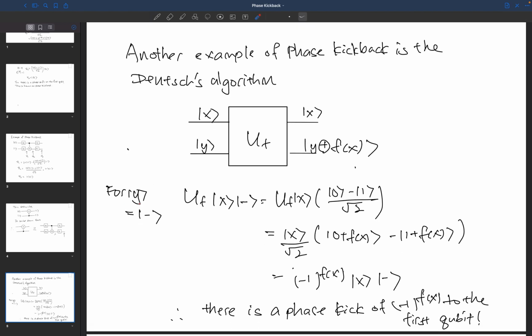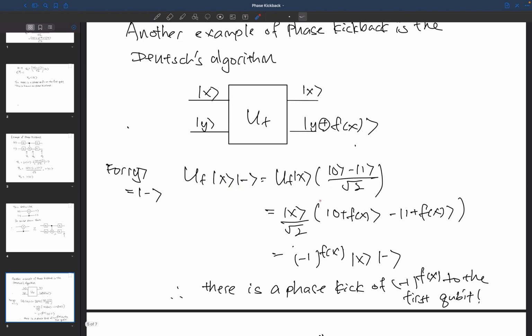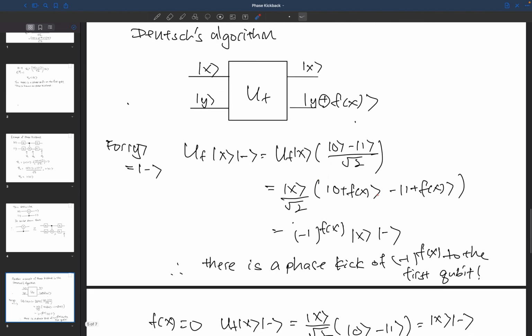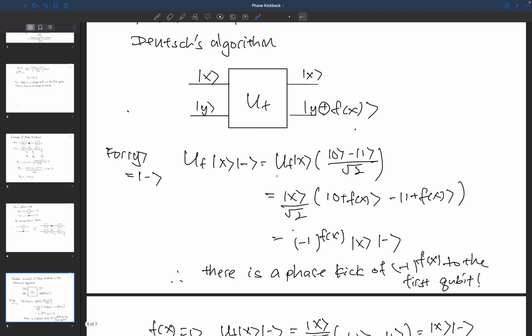Take an example where y is equal to this minus state. So this oracle is applied to x and minus, and the minus we can expand out in this way, and we apply this oracle on this whole system.